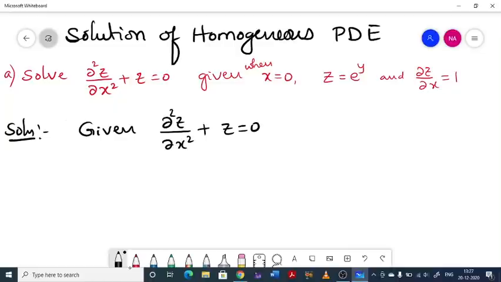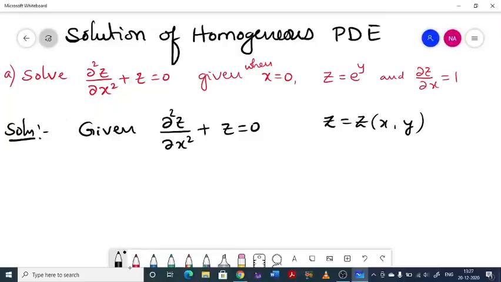Here the derivative with respect to x only is given, and z is the dependent variable which depends on x and y. So you have a partial derivative, which means you must have at least two variables. If it has more than two variables, no problem, we don't worry about it. So for the time being, assume z is a function of x and one more variable that I will take as y.